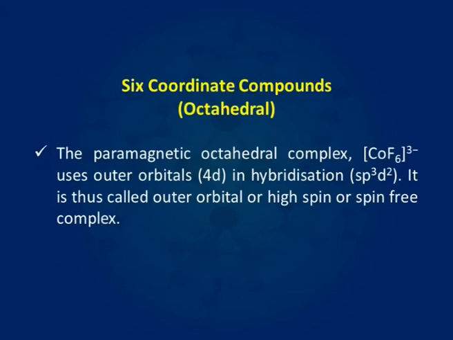The paramagnetic octahedral complex [CoF6]3- uses outer orbitals, that is 4d orbitals in sp3d2 hybridization. It is thus called an outer orbital or high spin or spin free complex.